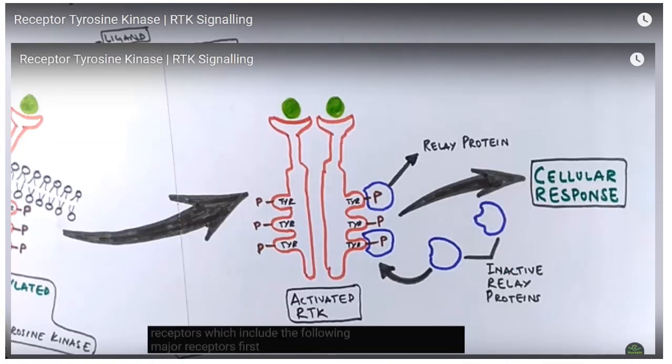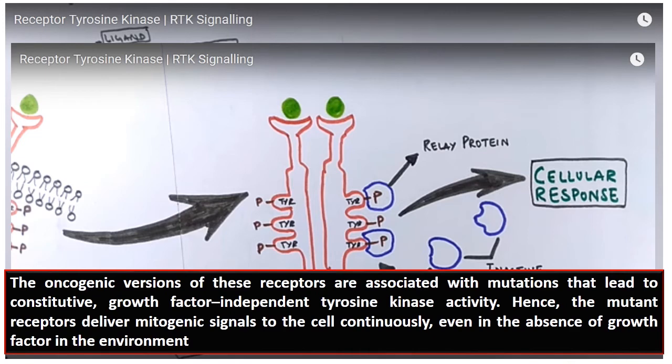When it is activated, it attracts the inactive relay protein, and this phosphotyrosine now binds with the SH2 domain of the intermediate relay protein, and that will result in the cellular response. In carcinogenesis, these receptors become independent of the ligand, and they exhibit growth factor independent tyrosine kinase activity.